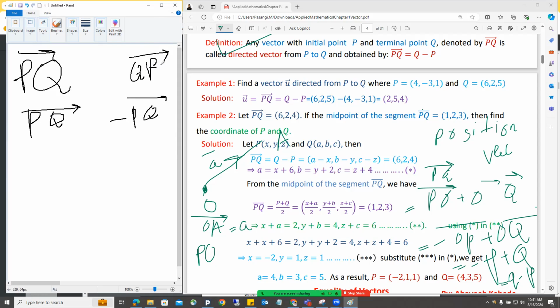See, if we change these two letters, earlier we had QP, and then we change it to PQ. If you change the letters like that, we need to put a minus in front of the vector as well. Is it clear? Yes. Then the PQ vector is actually equal to minus times, okay? Minus times what?